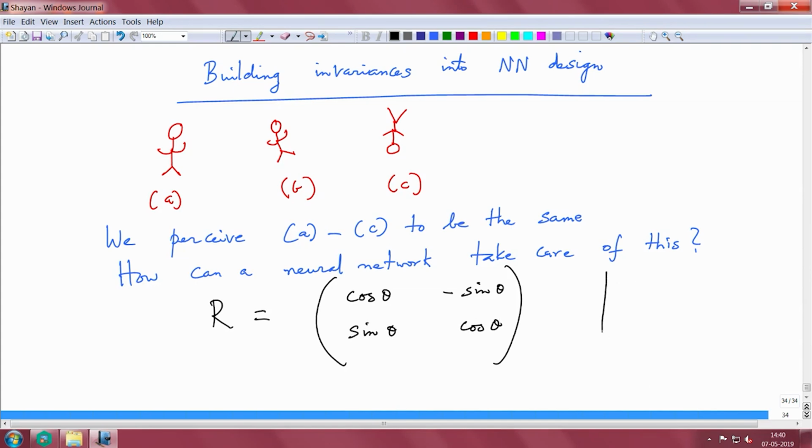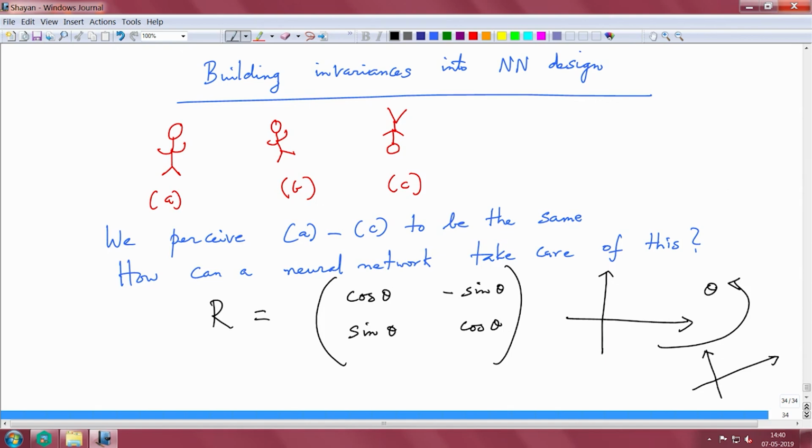So, if I give you the original coordinate space in this way, through a rotation of the coordinate axis, you can have a different representation, right.